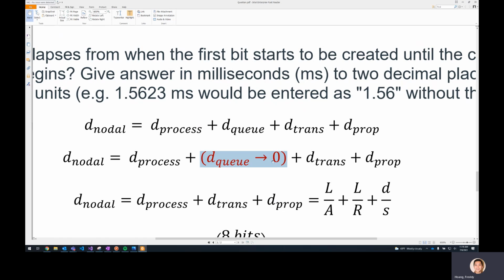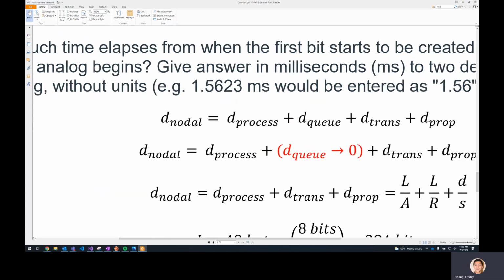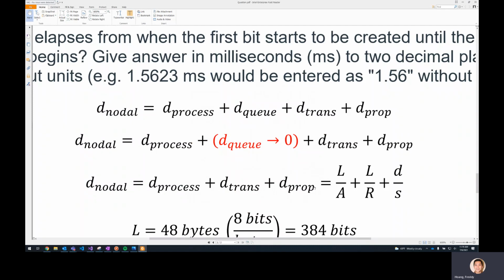So we can make the assumption that there are 0 packets waiting in front of this one packet. So you can just set DQ to be 0 and get rid of the queuing delay entirely. Then you can simplify it into these 3 different variables, basically.